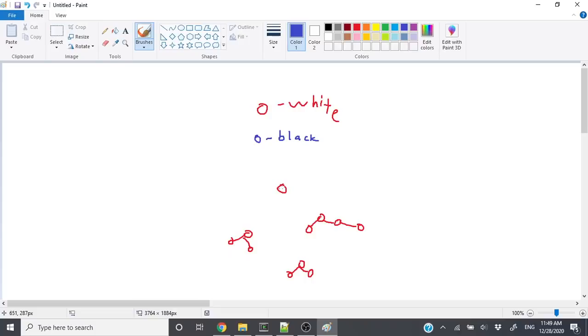So for example, I can draw this edge. And what drawing this edge does is it makes both of these vertices become black. You can only draw an edge between 2 white vertices. Black vertices are unusable.